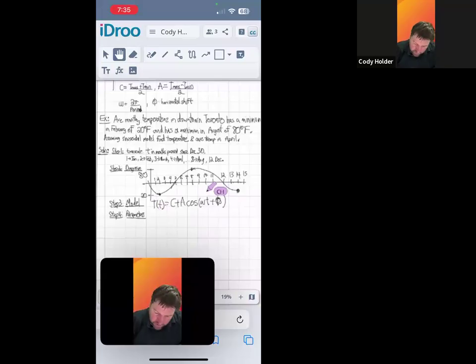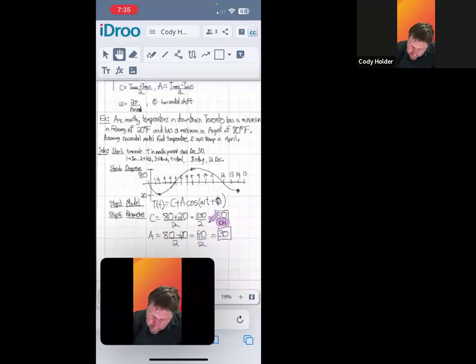Well, let's use our formulas. So c, remember, is going to be t max 80 plus t min 20 over 2. That's 100 over 2. That's 50. 50 is the center. Okay, then the amplitude is 80 minus 20 over 2. Okay, nice, easy formula. 60 over 2, 30.